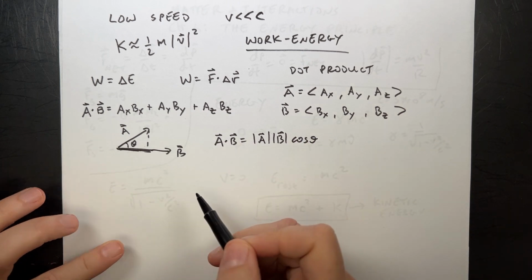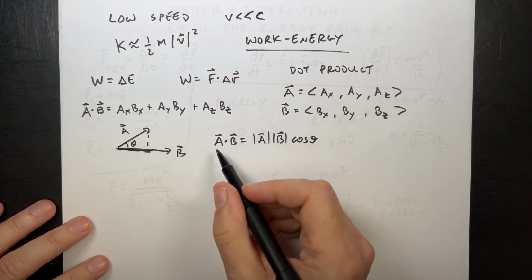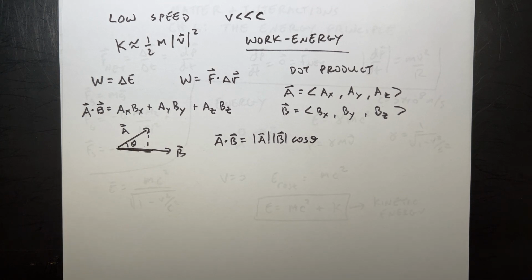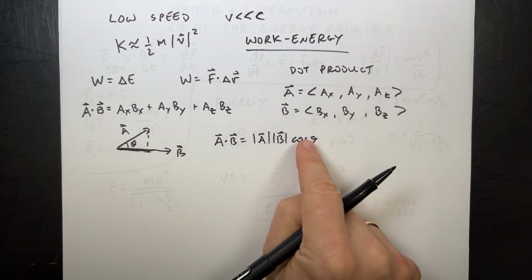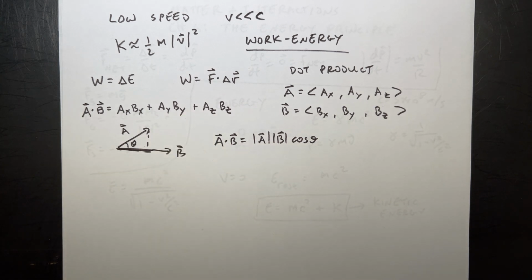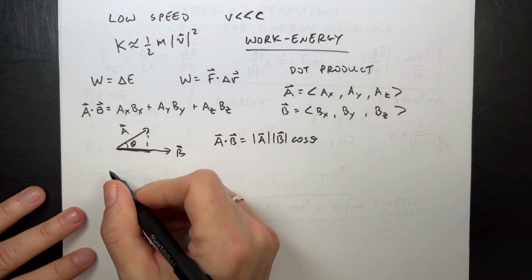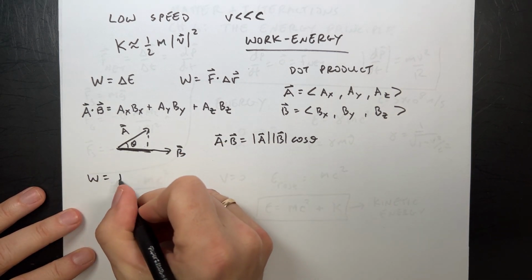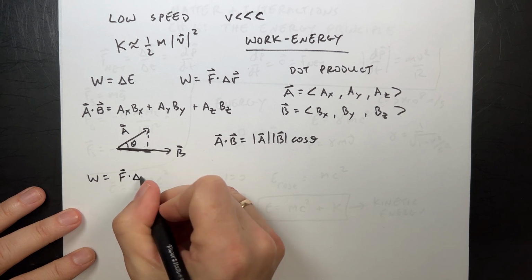So we actually have two definitions for the dot product. If you know the angle and the magnitude, you can use this one. If you only know them in component form, you can use this one. So with that, we get the following definition for work, which I already wrote, F dot delta R.